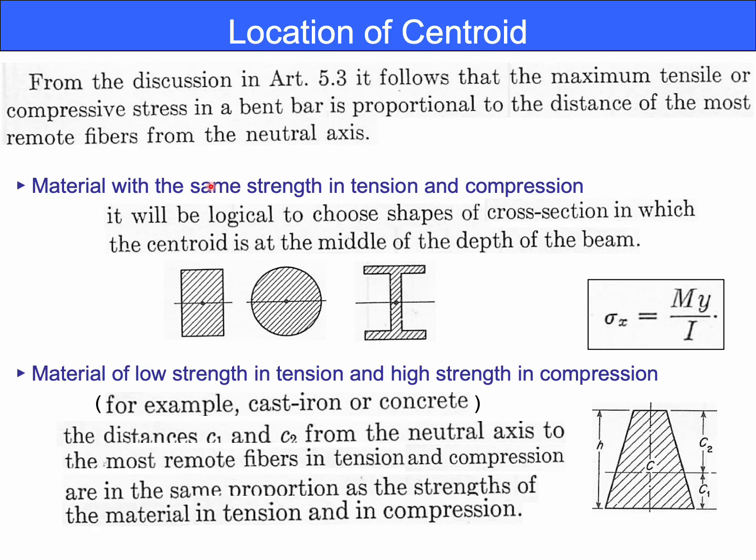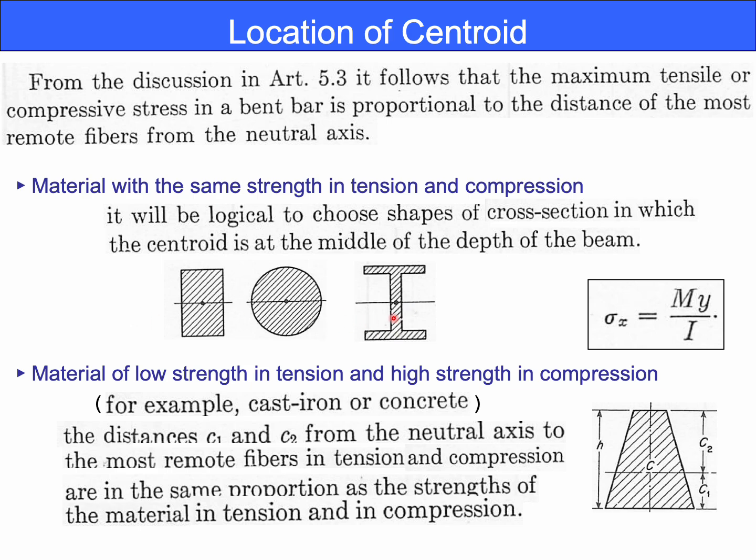The first case: material with the same strengths in tension and compression. Look at the first bullet and the three sketches: rectangle, circle, and I shape. In each sketch, the centroid is in the middle of the depth. So the neutral axis passes through the center line.